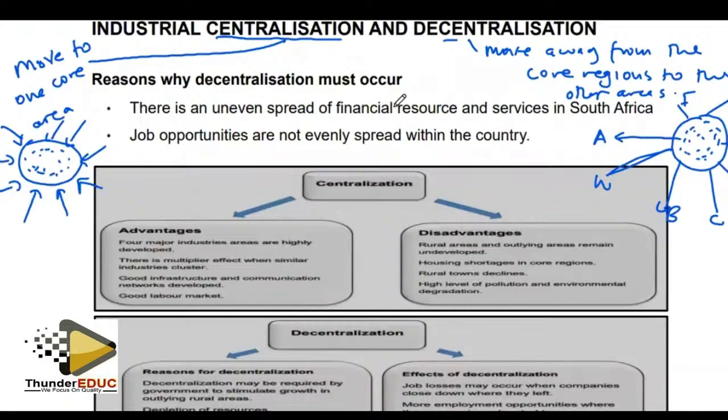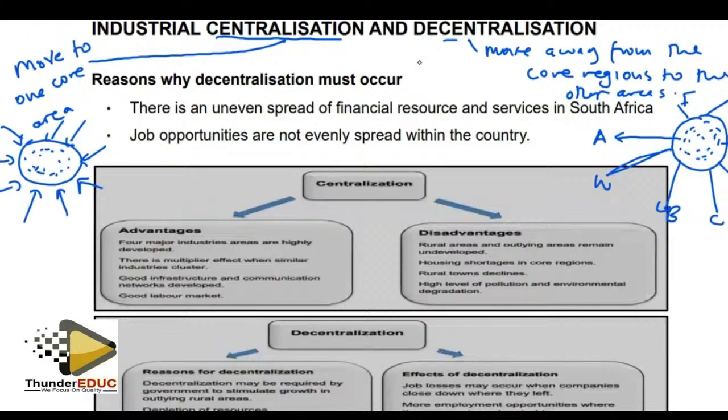So, the reasons why decentralization must occur. They say there is an uneven spread of financial resources and services in South Africa. So instead of industries clustering in one area, it is emphasized that these industries need to spread to various areas.